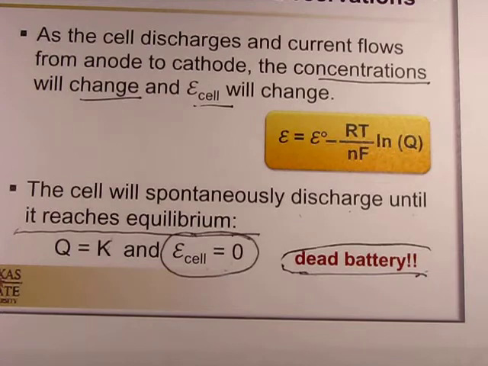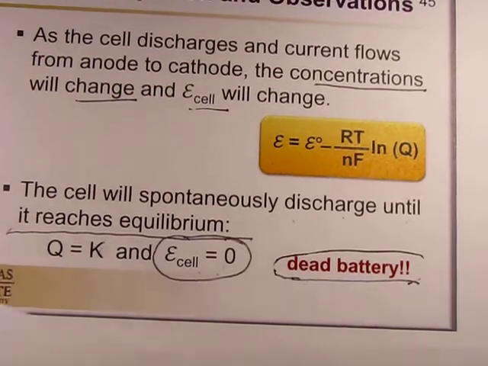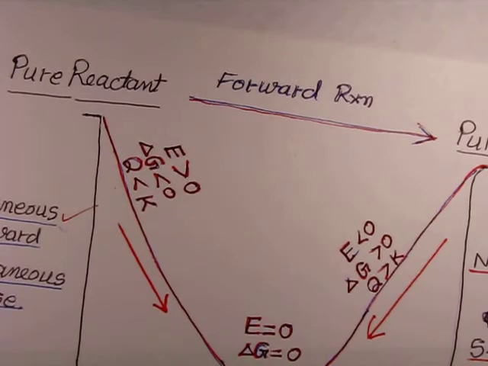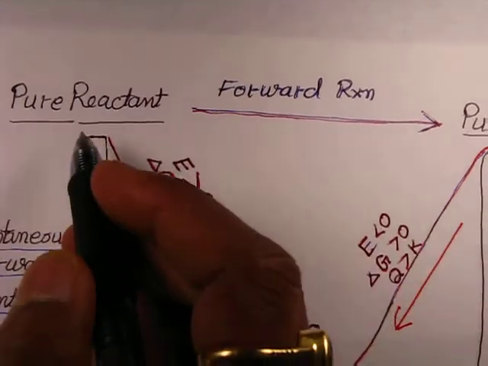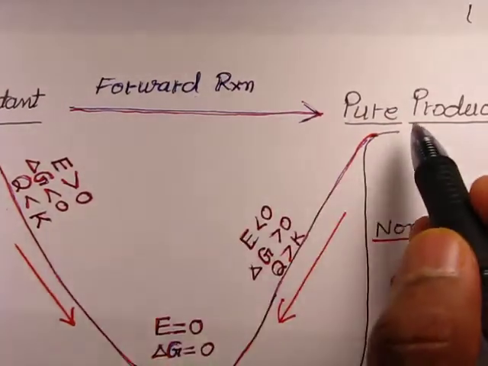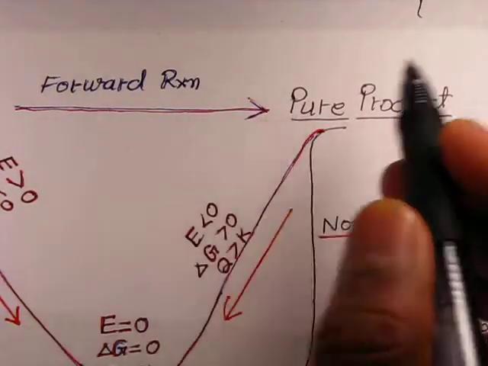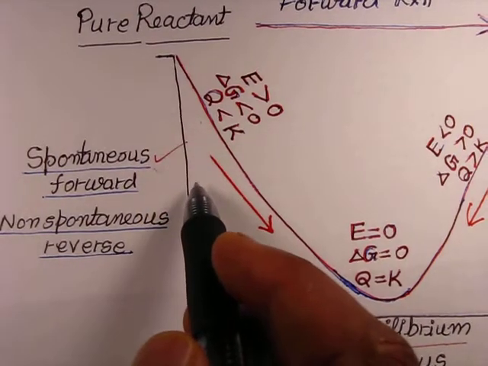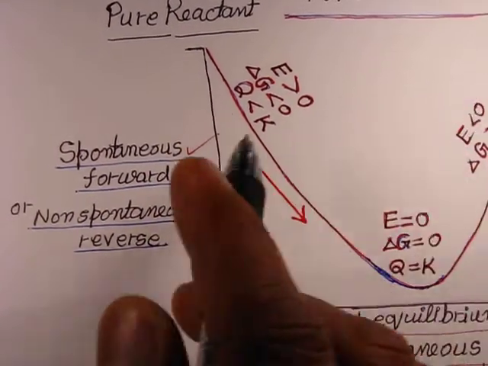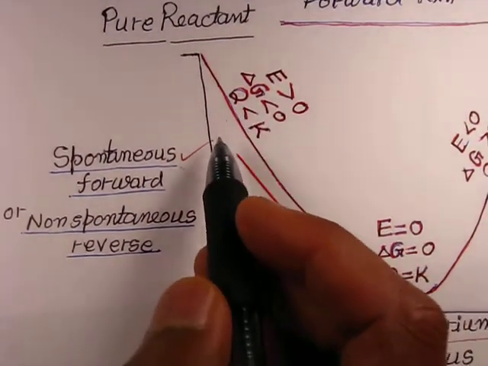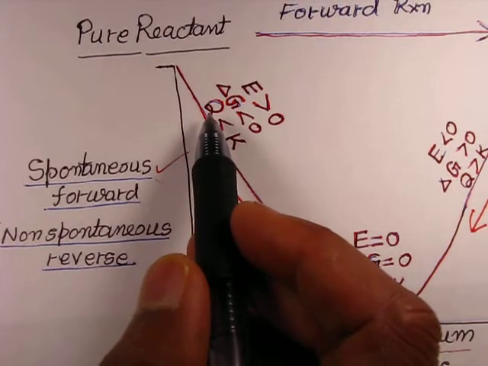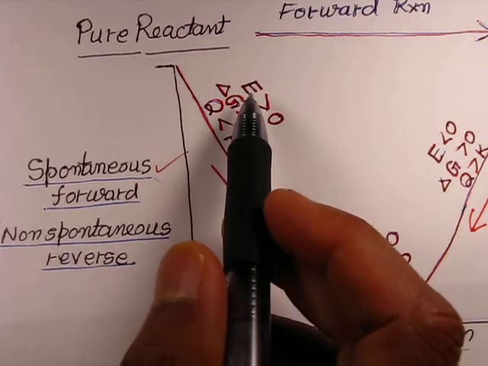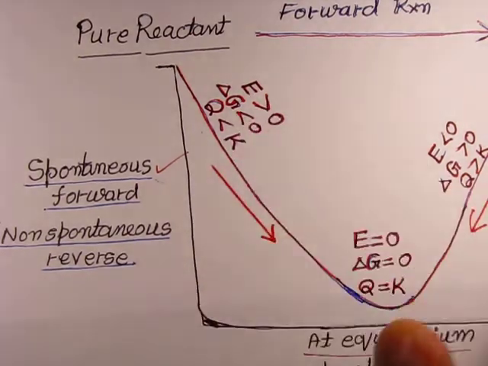We can understand this in one more way with this slide. For example, if we have a galvanic cell where we have pure reactant going to pure product by spontaneous reaction, then in any spontaneous forward reaction, Q is less than K, delta G will be negative and E cell will be positive.